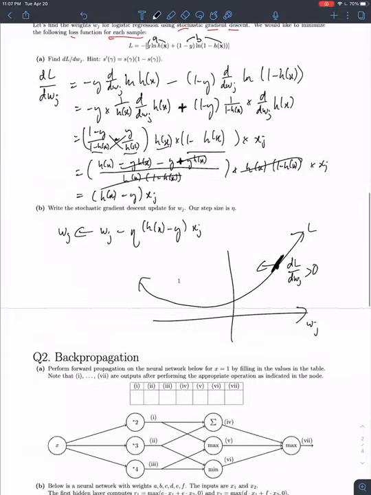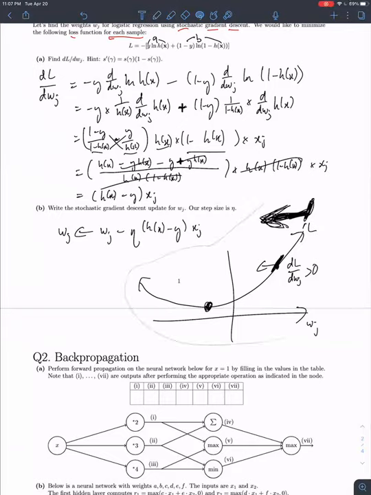The steeper the slope, the more we need to move to get closer to the minimum here. So the amount we move is the gradient we subtract off, going in the opposite direction and proportional to the size of the derivative. That is the stochastic gradient descent update for wj.